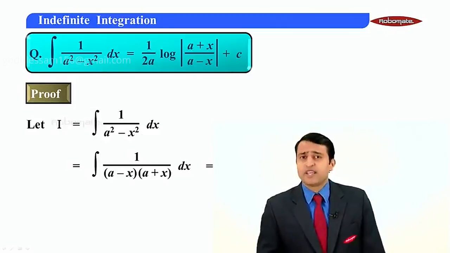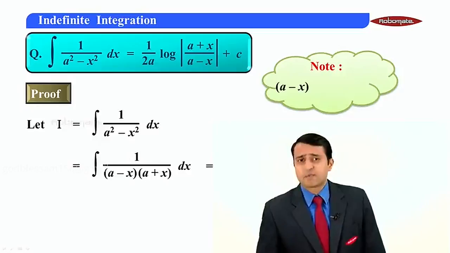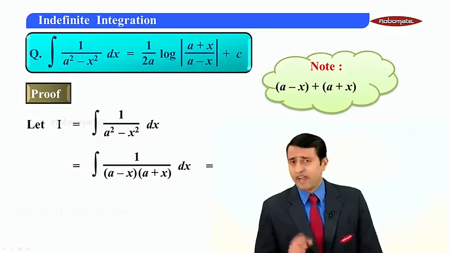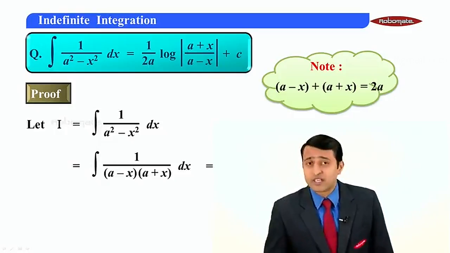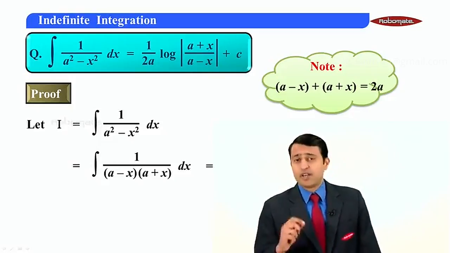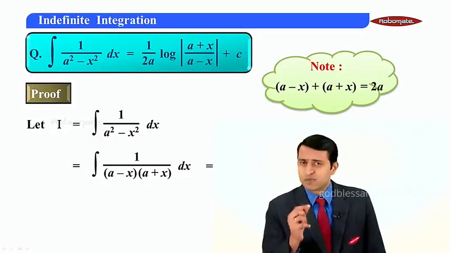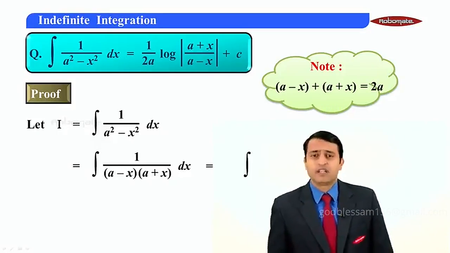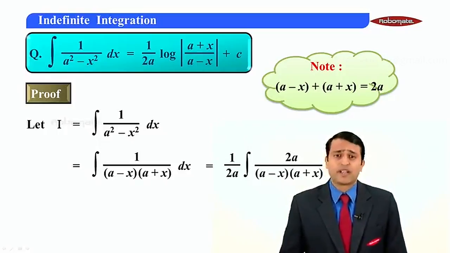If I add the two terms here, a minus x plus a plus x, what I get is 2a, which is a constant. So to convert the multiplication in the denominator to addition, we do a small adjustment. That is, we multiply and divide by 2a in the numerator and denominator.